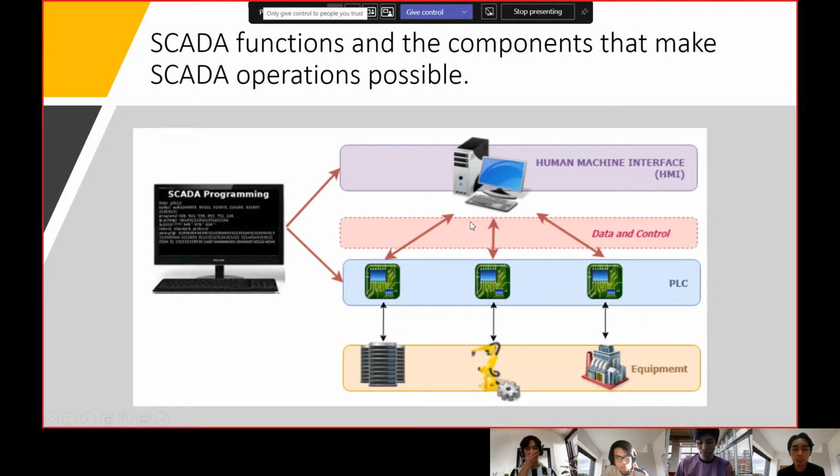The connections between the human machine interface and the PLC are data and control signals sent from the HMI to the PLC. Lastly, the PLC will send signals to control the equipment, whether to move, to turn on and off, or to act as a transporter, for example the conveyor.